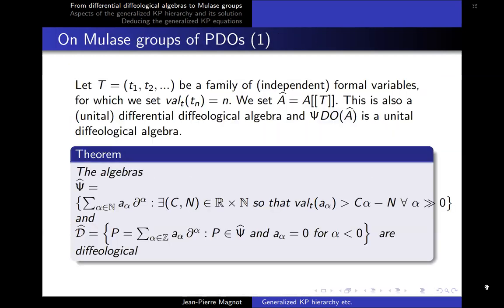Let's go to another step, because now I need a countable family of time variables. So I set that the valuation of Tn is n, and I take the formal series in the countable family of variables. So now remember that again an infinite product has a product diffeology.